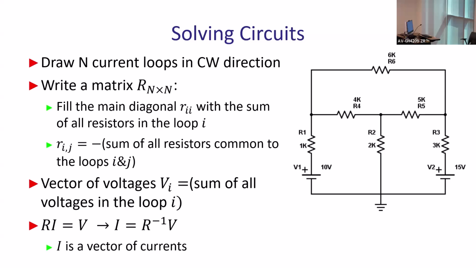So you have a battery, then you have R1, 4, 5, 2, 6. The battery will be 10 volts.